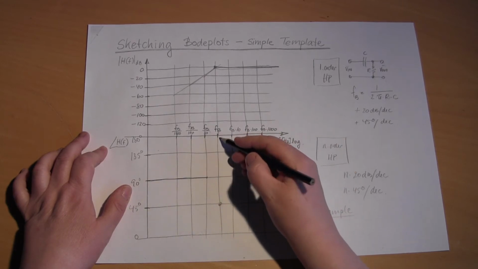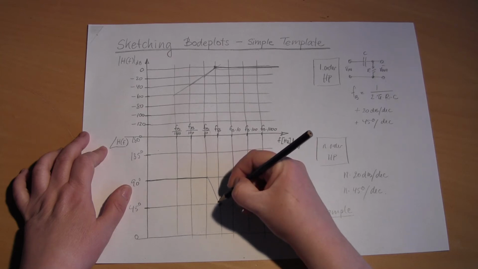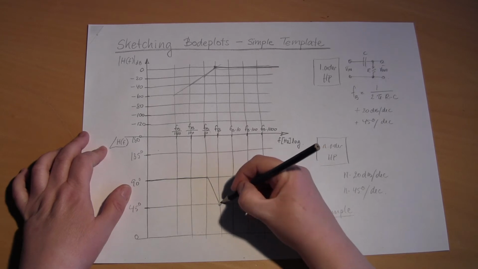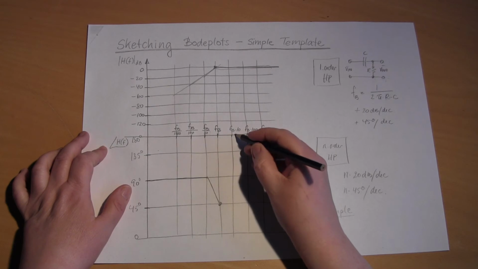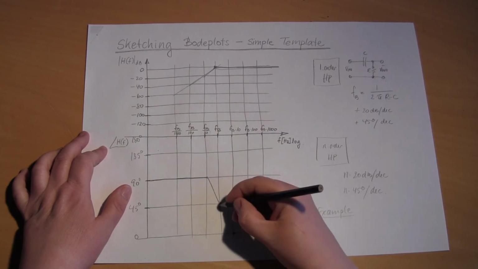From a decade below the breakpoint we go from 90 degrees to 45 degrees, and a decade over the breakpoint we will have reached 0 degrees.